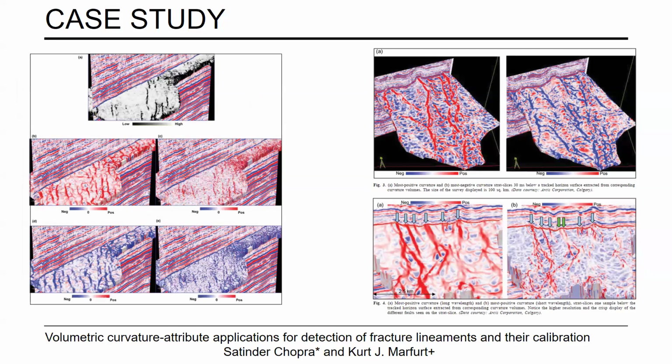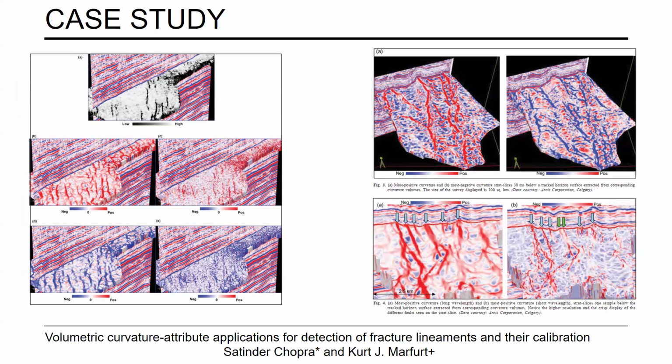To make the understanding clearer, if you look over here, you can understand more. On the top, in picture A, what you're looking at is a coherence slice, and these are the curvature slices.